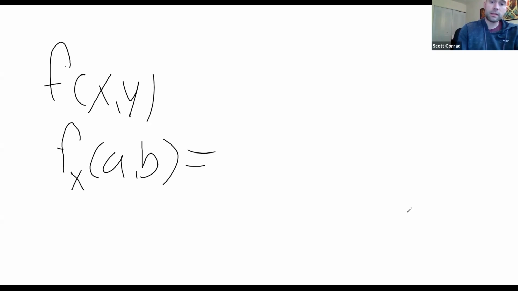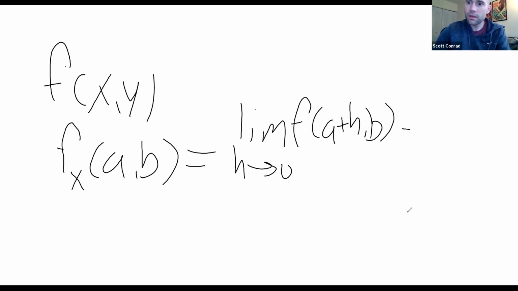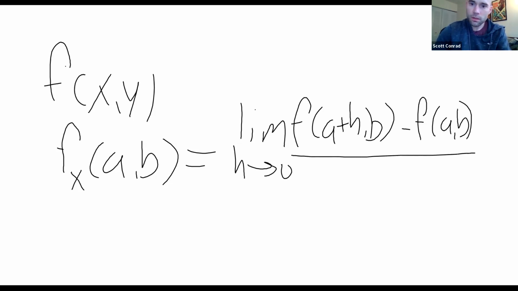So the partial with respect to x at the point (a, b) is the limit as h goes to 0 of f of, so we're changing the x value by a tiny bit, looking at how the function changes.